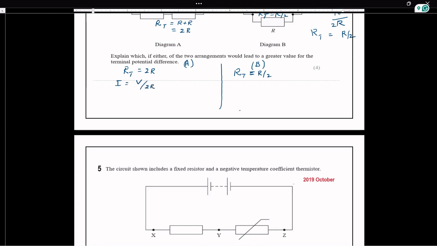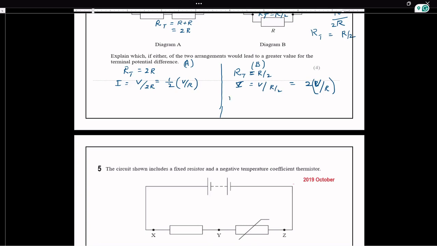But in this case, the current will be V over R by 2, which gives 2 V over R. This is half of V over R, and here it is 2 times V over R. So when you are comparing the current, it's obvious that the current in circuit B is higher, 2 times V over R, while here it is half times V over R. So the current is more in B.